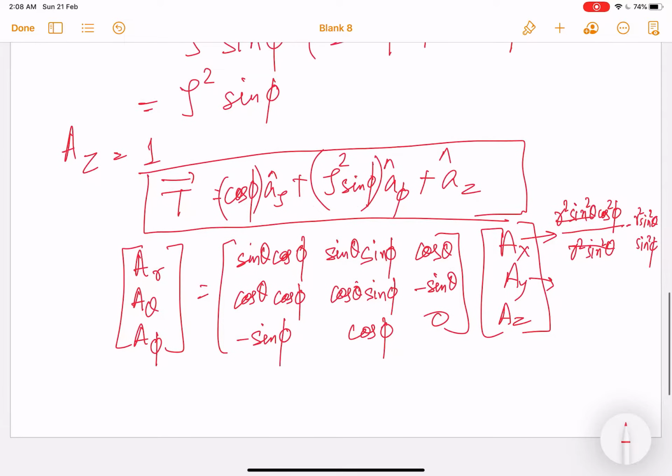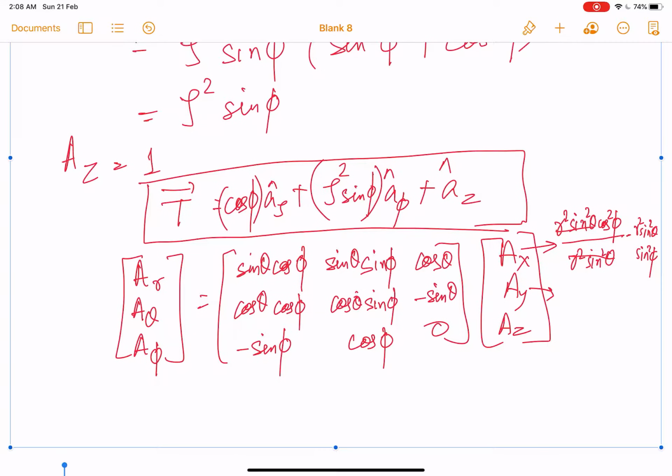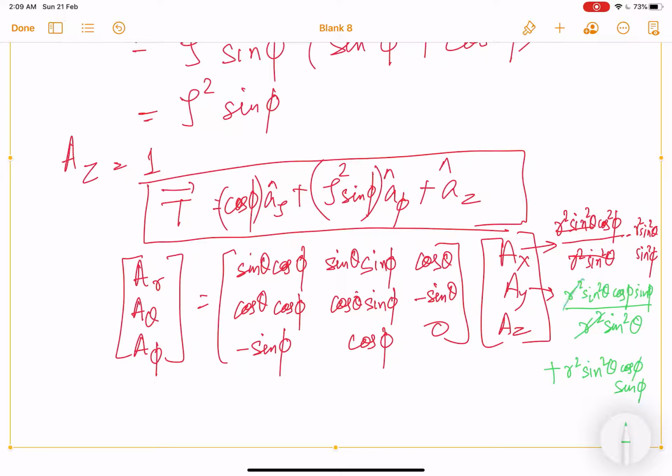In place of xy, I'll write r square sin square theta cos phi sin phi, divided by r square sin square theta, and then it was plus xy, so again the same thing, sin square theta cos phi sin phi. This gets cancelled, only this much is left, and this is 1.